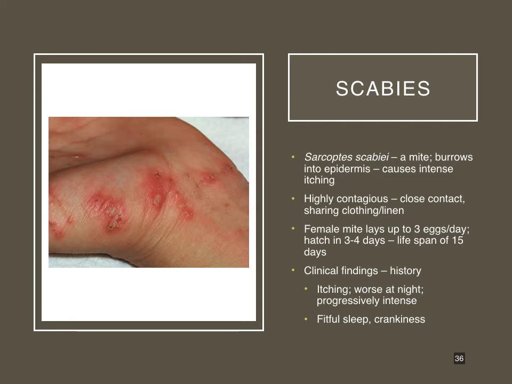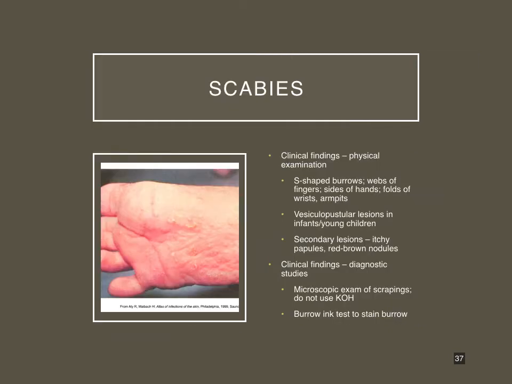But in preschoolers and school age, it's usually between the fingers. In infants, it's often around the wrists and the ankles. There's a picture of the burrows. You can sometimes see the little lines where the burrows are underneath the skin.